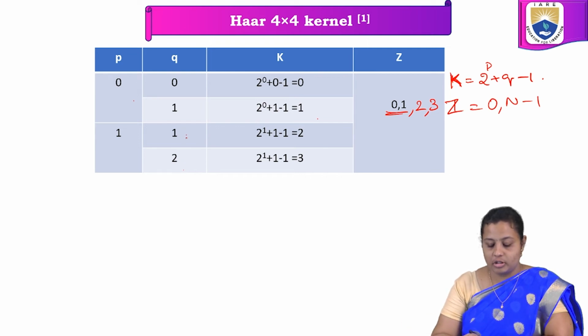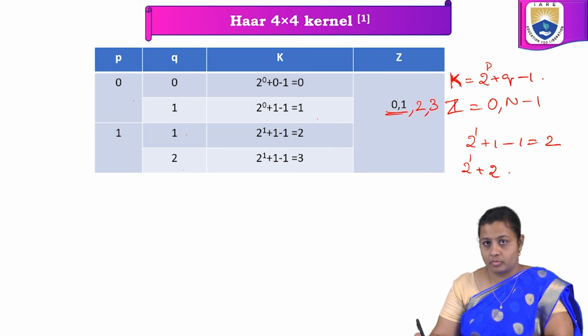So when Q is equal to 1, we get the value as 2 power 1 plus 1 minus 1, which is equal to 2. When Q is equal to 2, we get the value as 2 power 1 plus 2 minus 1, which is given by 3. Right? So this is 2.